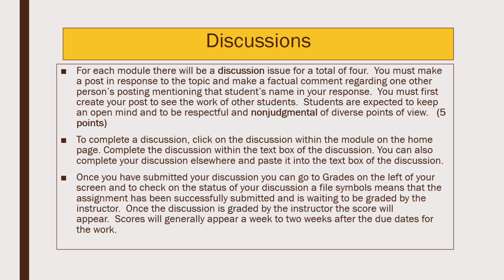A file symbol means that the assignment or discussion has been successfully submitted and is waiting to be graded. Once the discussion is graded, the score will appear, and scores will generally appear a week to 2 weeks after the due dates for the work.